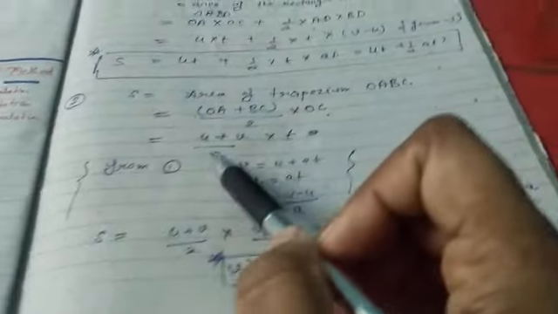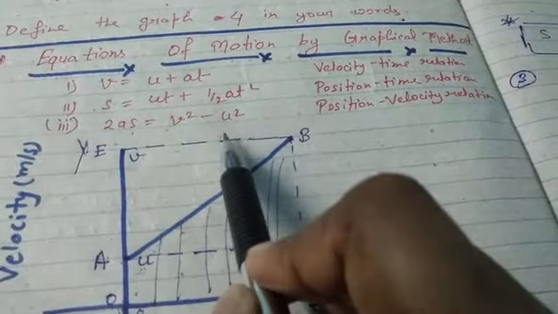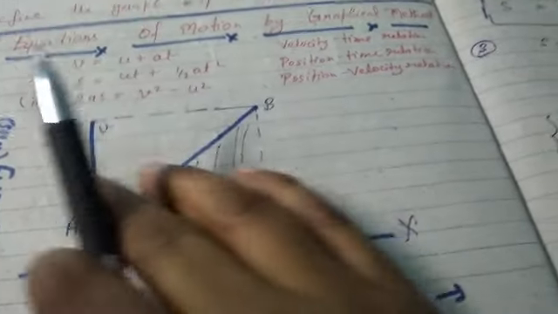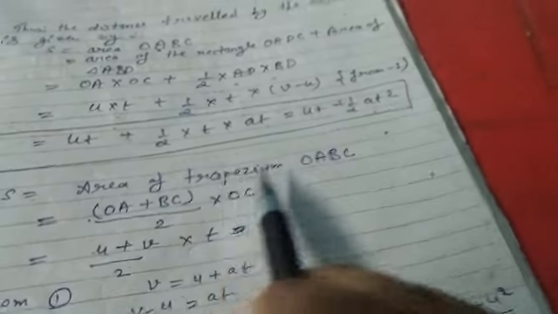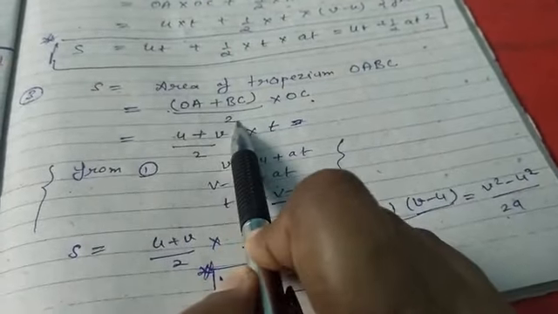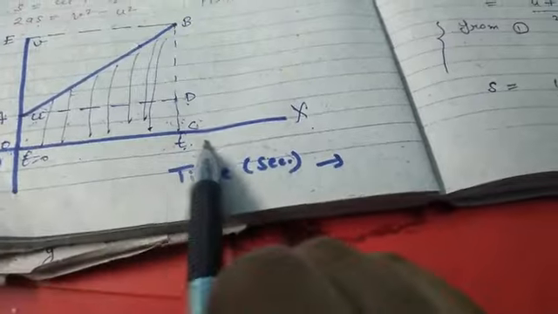Now come to the third equation, where we have a relation between displacement and velocity. Now this is a trapezium, so we use the formula of the trapezium: the sum of the parallel sides upon 2 into the height. Here in this trapezium OA and BC are the parallel sides and OC is the height.